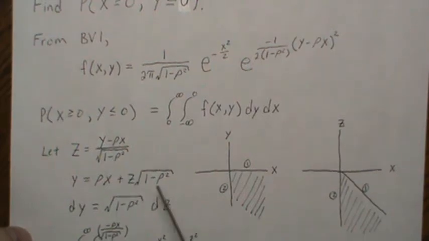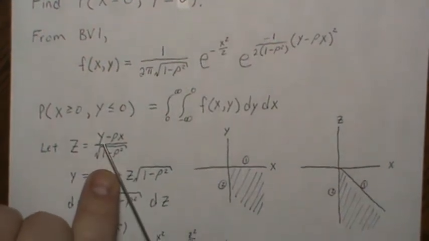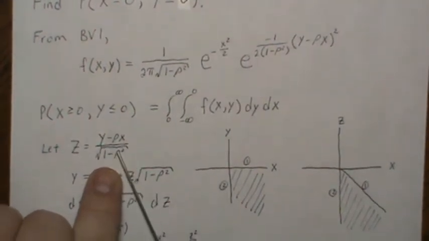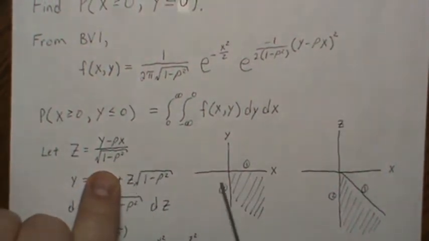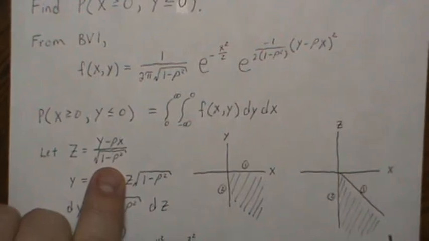This is our variable, and so edges are mapped to edges. So this first edge is mapped to this diagonal. This is when y is 0. So if you put in y is 0, we get this slope. So x, of course, goes from 0 to infinity, and z is this line.